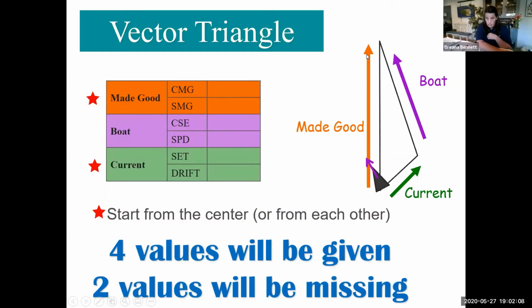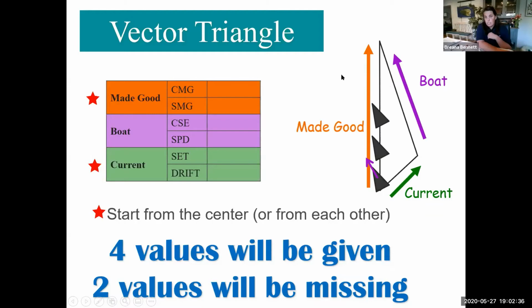So now I have a triangle here, and we have our current and our boat, and this is our made good. If our boat's traveling like this and our current is pushing us like that, then this would be our made good. Here you can see I'm always traveling on my made good line, but what I had plotted was what my boat was doing.